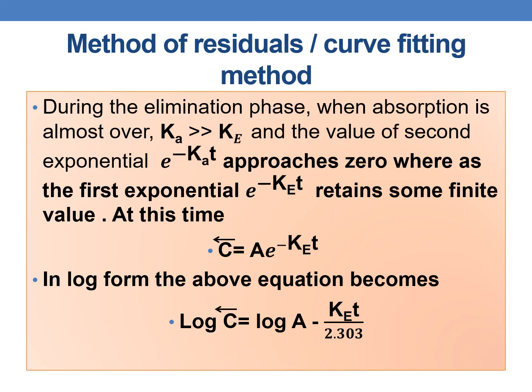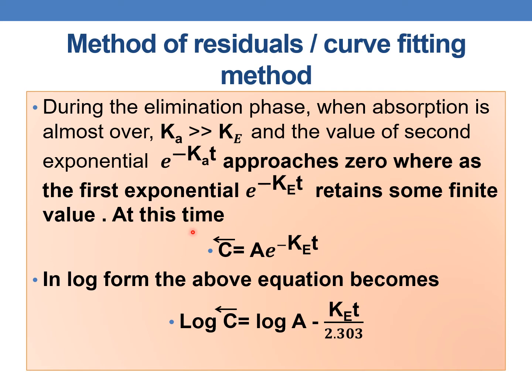During the elimination phase, when the absorption is almost over, the absorption rate constant is very much greater than the elimination rate constant, and the value of the second exponential, e to the power of minus Ka t, approaches 0, whereas the first exponential, e to the power of minus Ke t, retains some finite value.